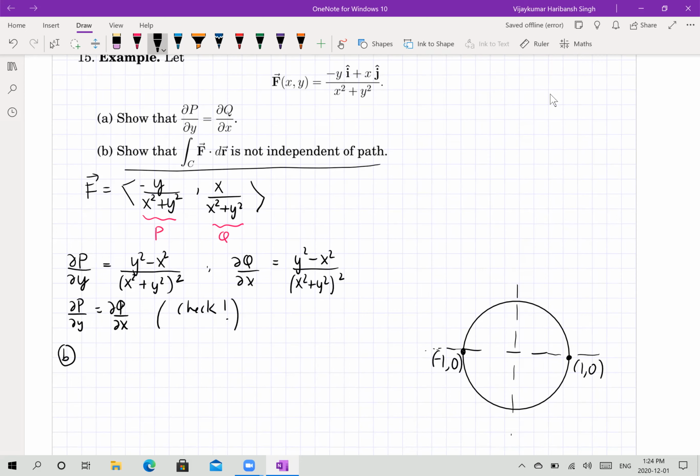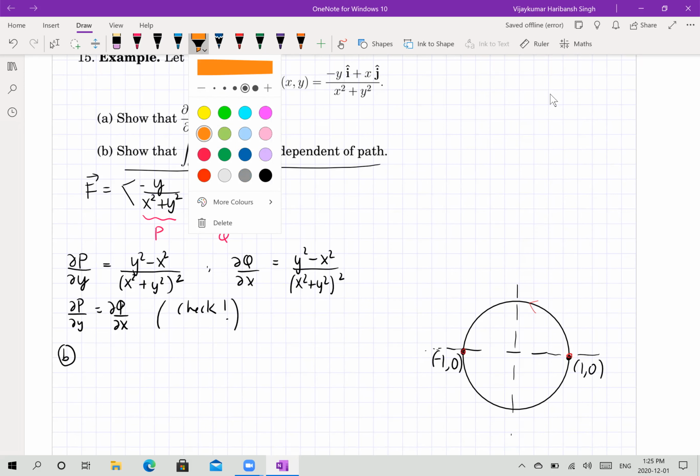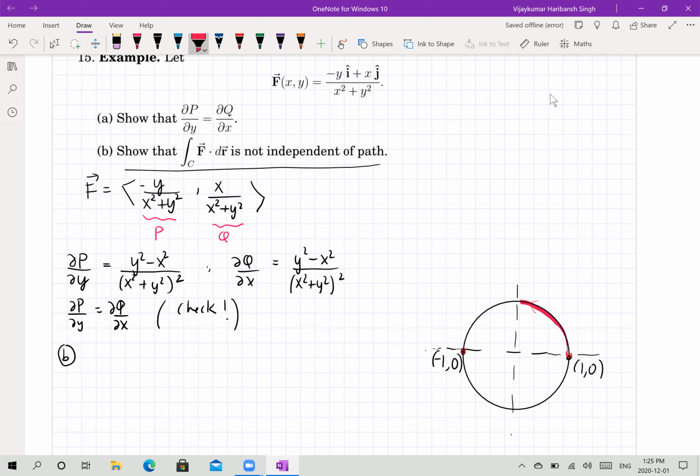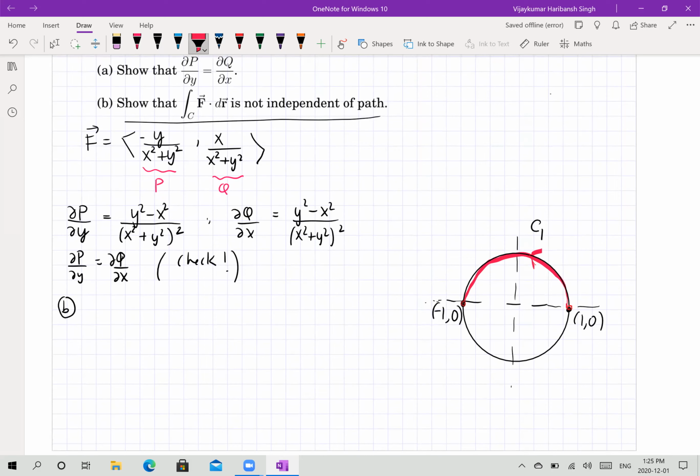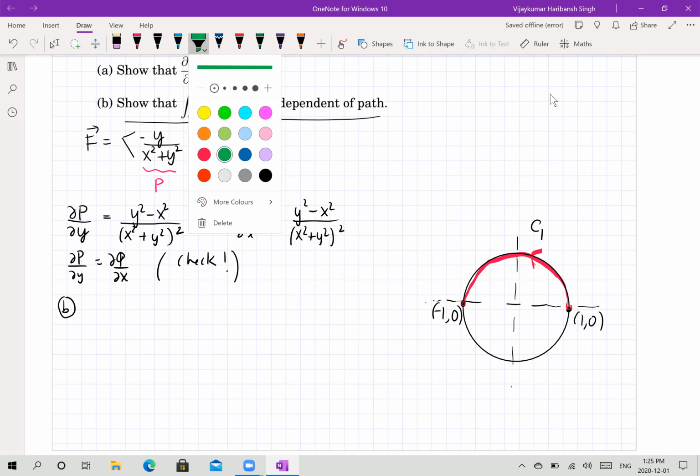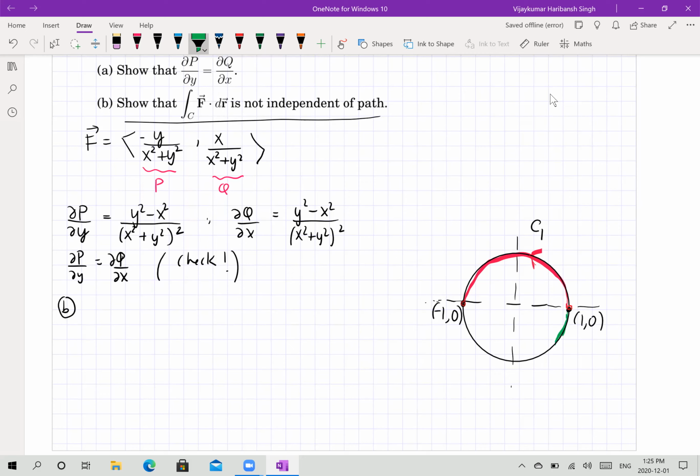Now let's take the upper part. So let's take these two paths. So this be C1, and this part be C2. So let's write down the parameterization.